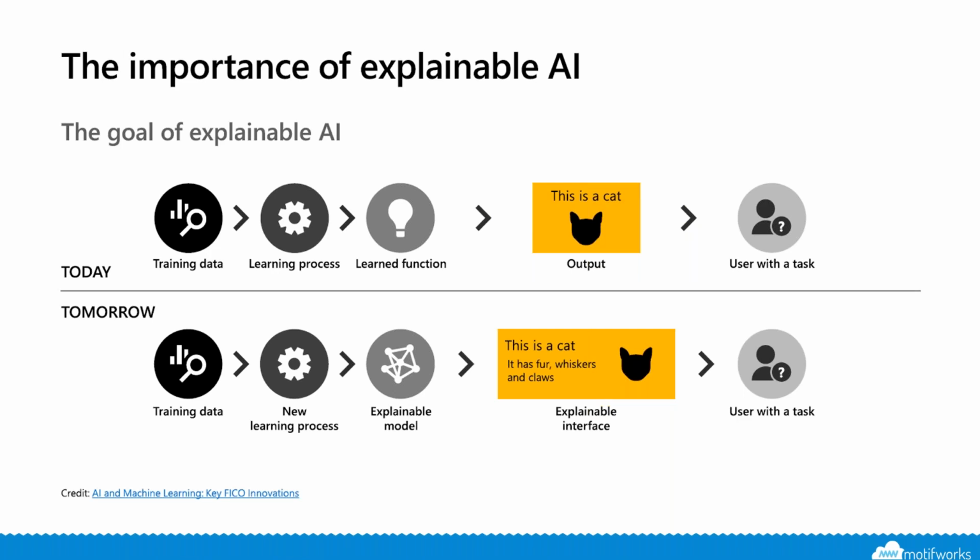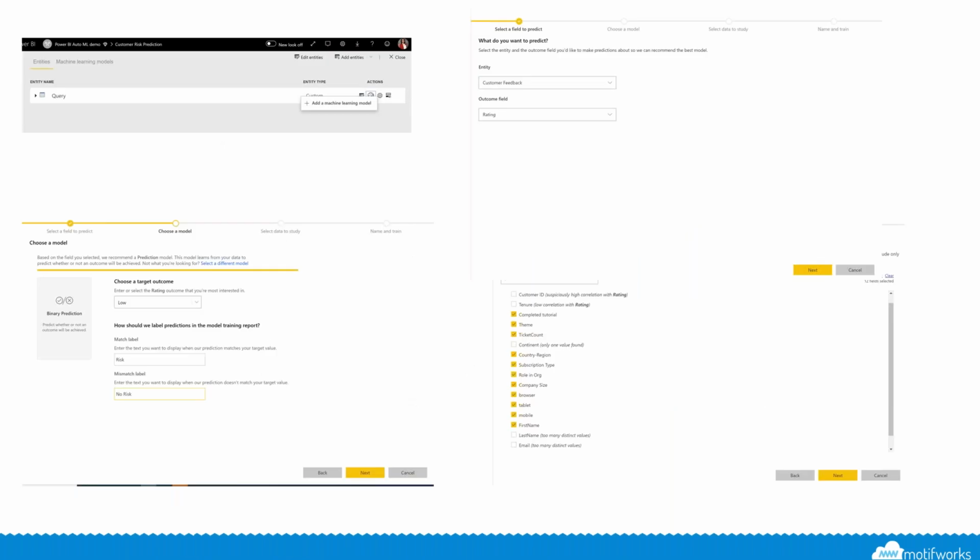But there is no answer, right? That does not give you a lot of credibility, as opposed to a model which is explainable. When it goes through this automation process, it tells you it is a cat because we saw it has fur, it has whiskers, and it has claws. That makes this animal a cat. So explainable AI is really, really important.